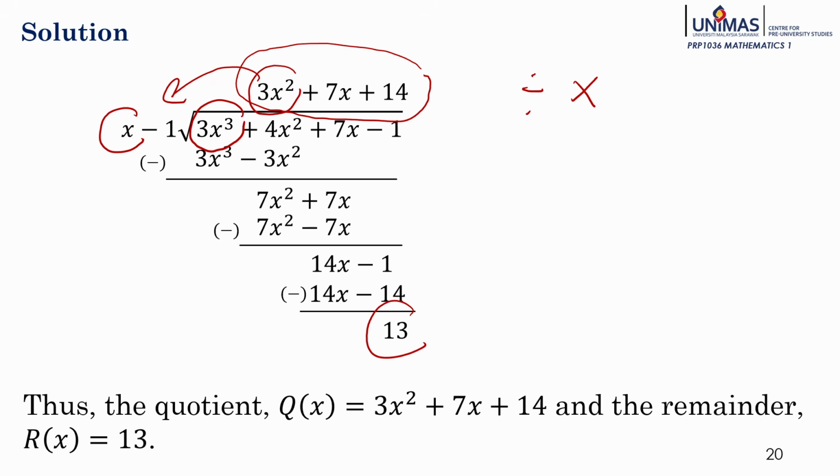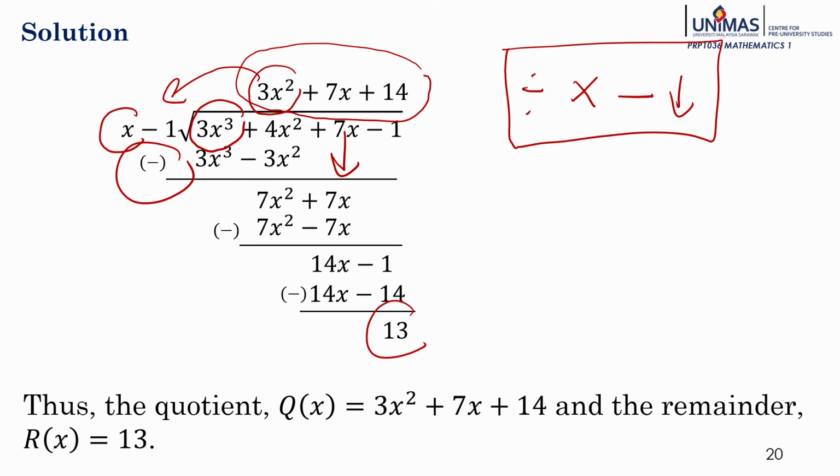After that, you have to subtract. Okay, after you finish subtracting, you have to put down. So you have to remember these 4 steps and then repeat until finished. Make sure that the power here is less than here. So here is x to the power of 1, here is x to the power of 0, right? So you have to stop here.